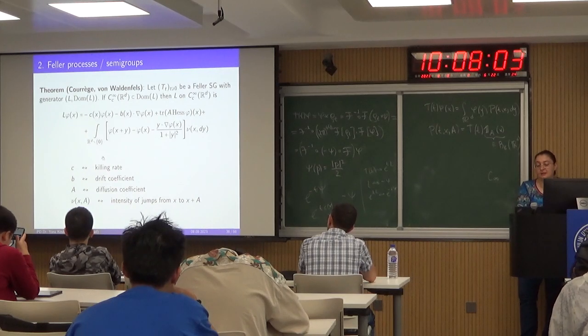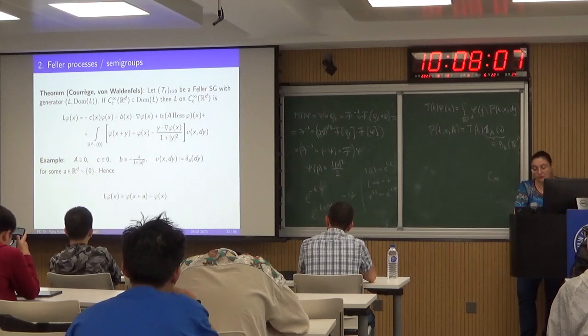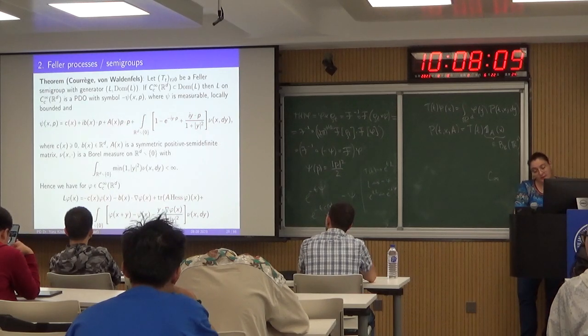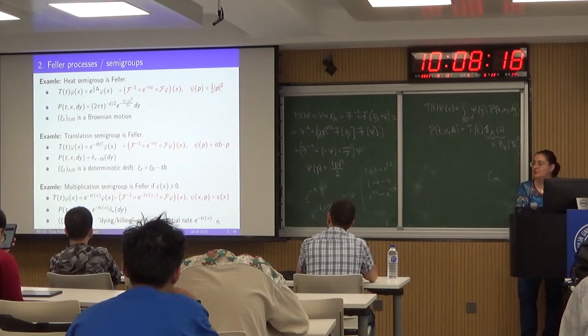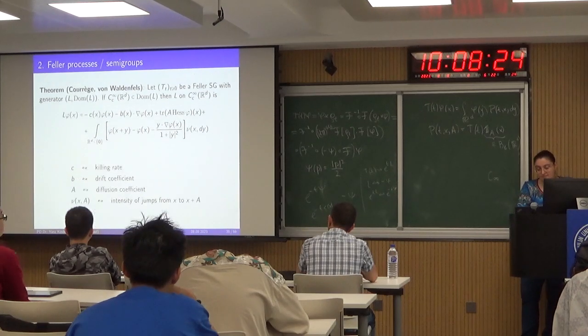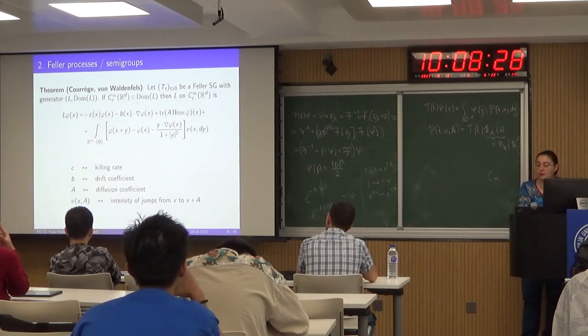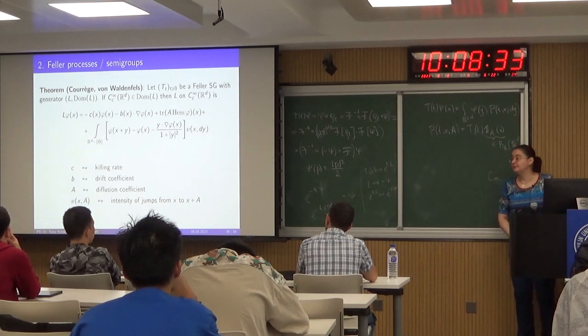So C is a killing rate, because we have discussed that the corresponding process is dying or killing with exponential rate. No movement, just evaporating. B is a drift coefficient because this term corresponds to the deterministic drift.